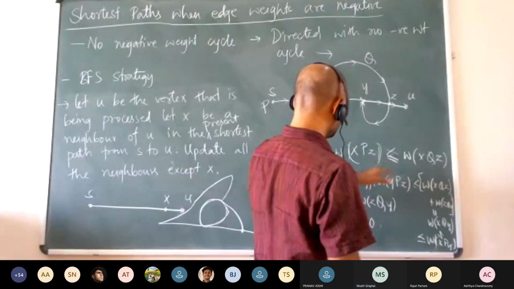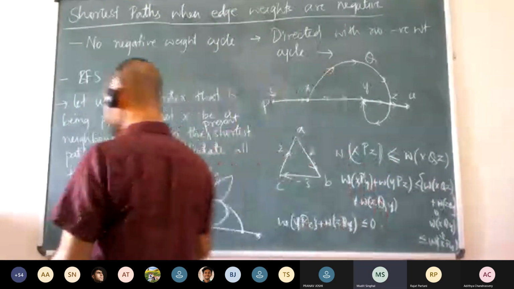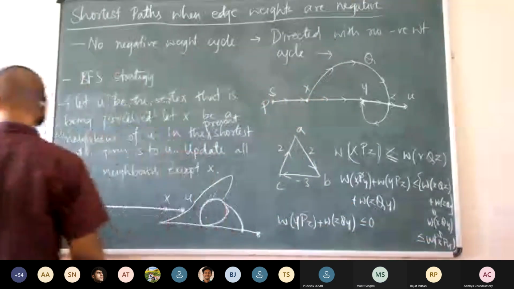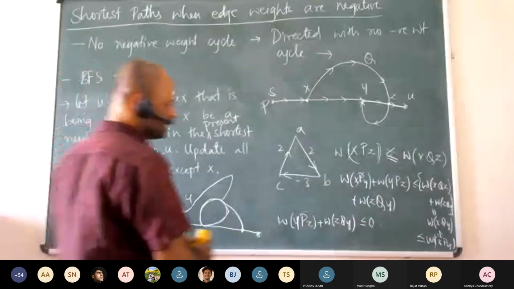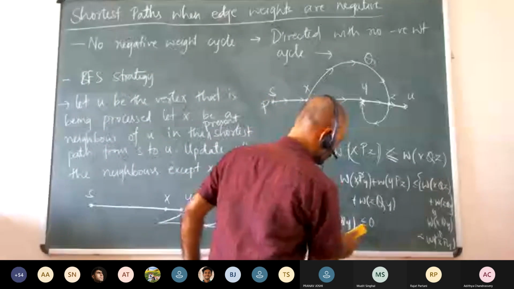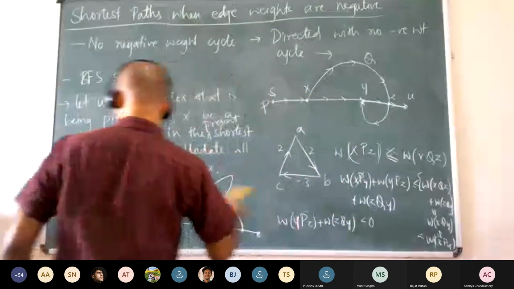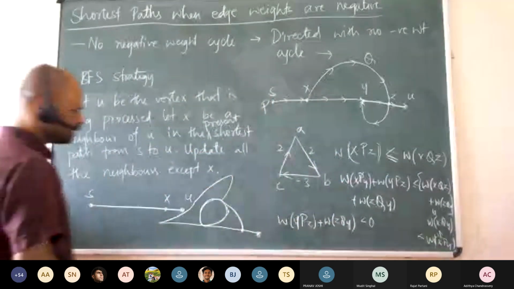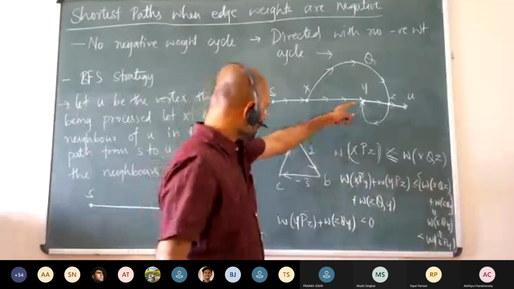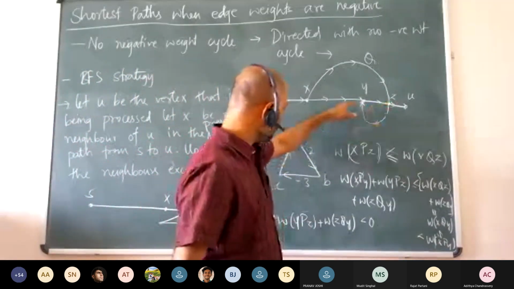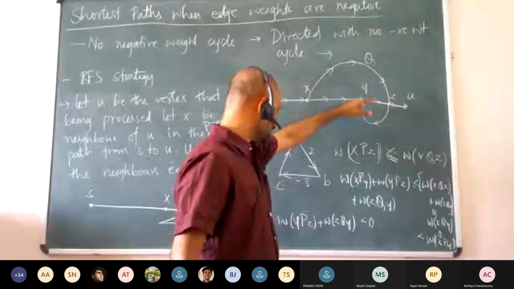Yeah, here we sort of assume that it is strictly less than 0. Here it was strictly less than 0, so it becomes a strict inequality. So this is what results. But YPZ and ZQY form a cycle here, right?